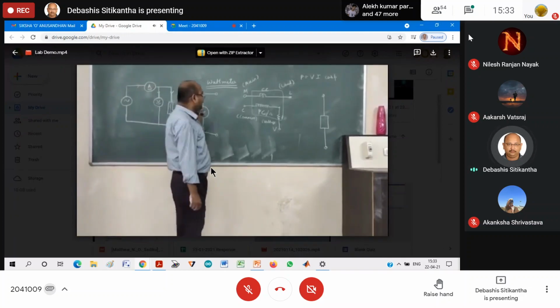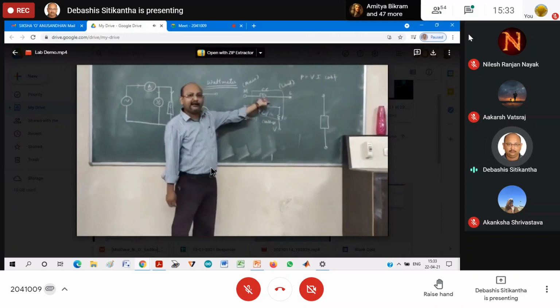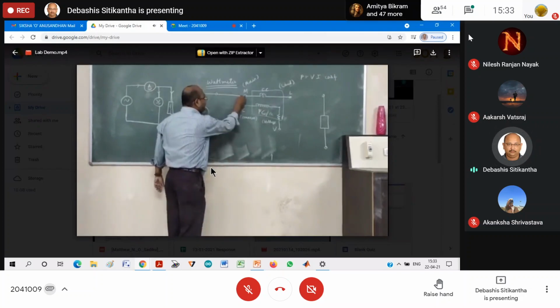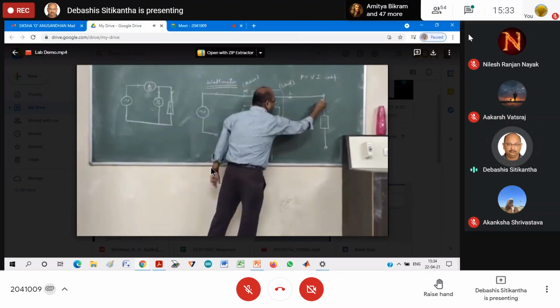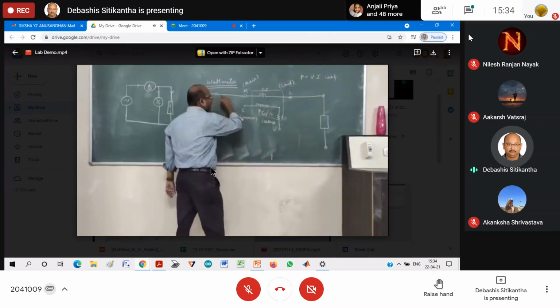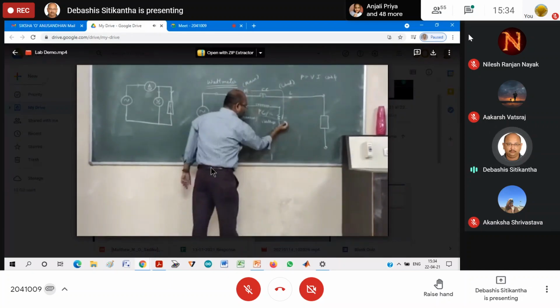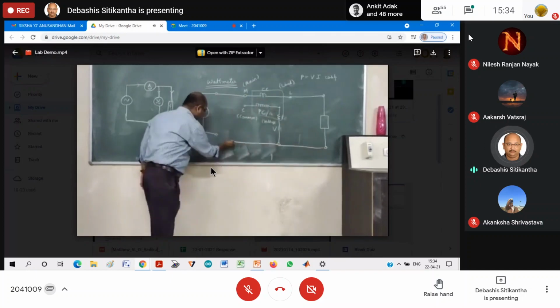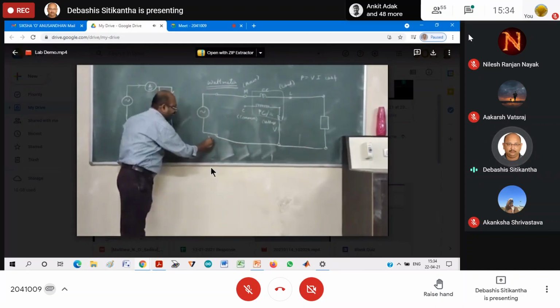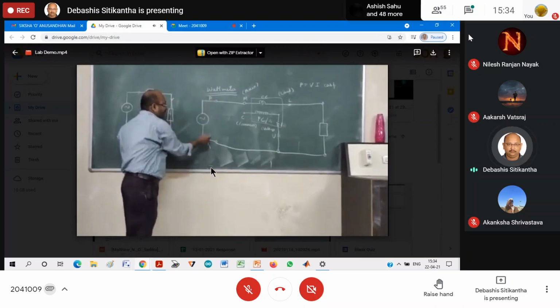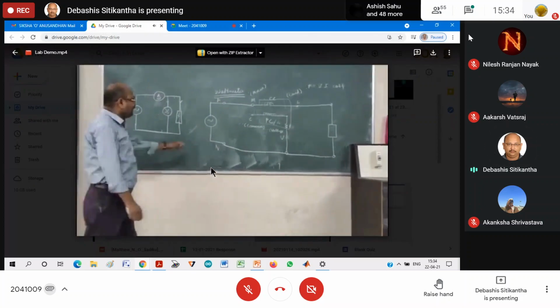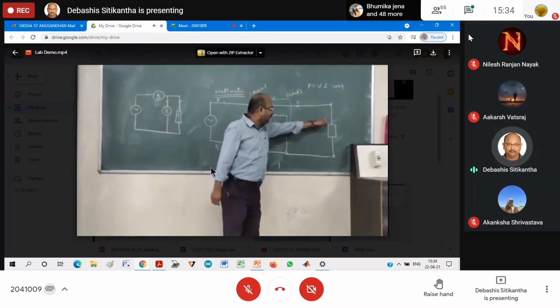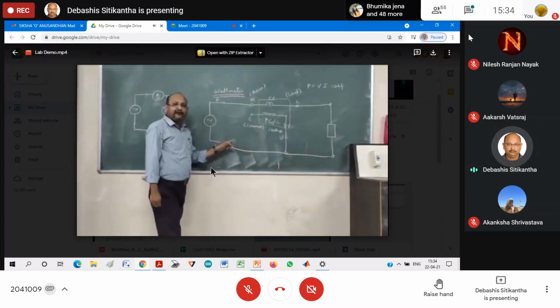In this case, I have a current coil, so I will connect it in series to the load. You see, it is connected in series. Now this point B, the other end, is coming and terminating at this end point, where this is neutral. So the current coil path is complete.